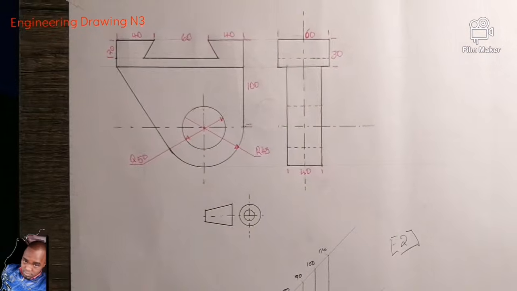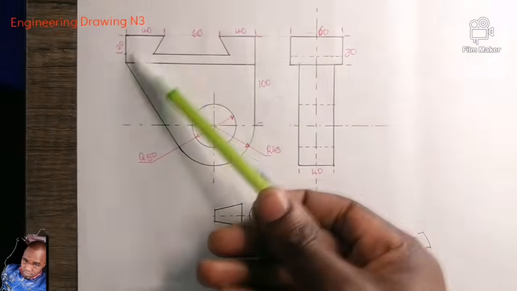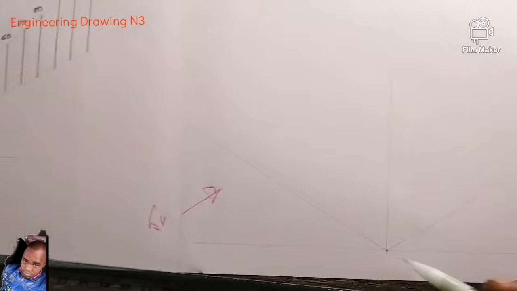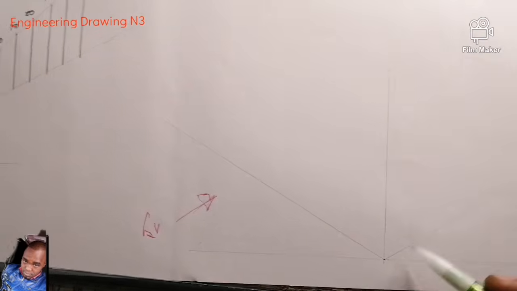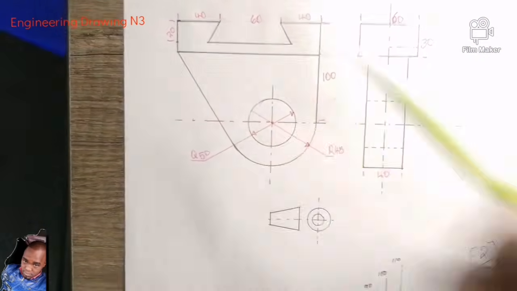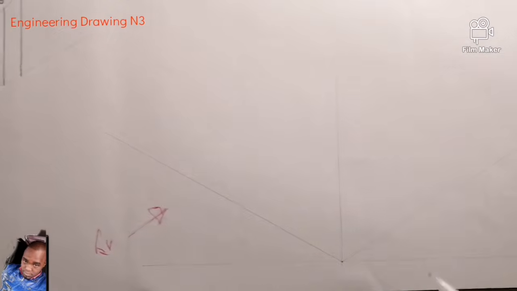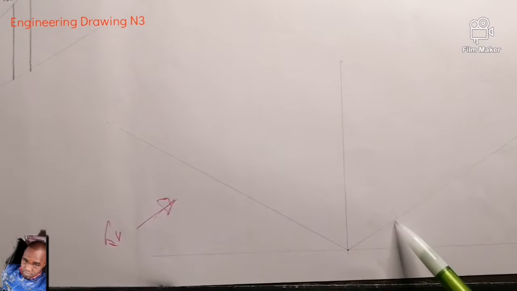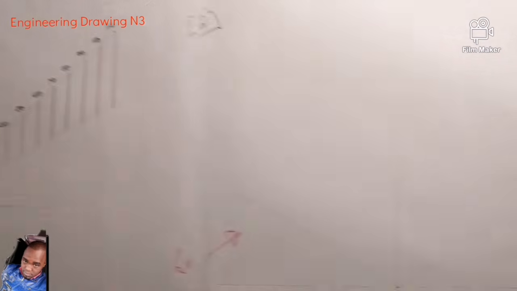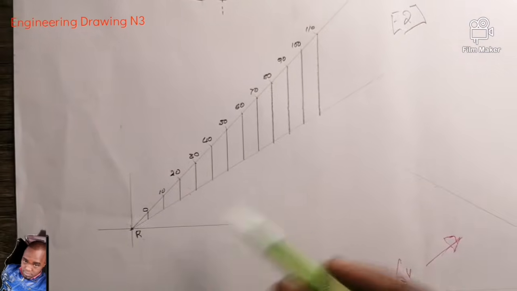So let's go. I will start with the dimension 40. Measure 40 from here going this side. From this point till here, measure dimension 40. But remember, the 40 has to be converted to the scale.